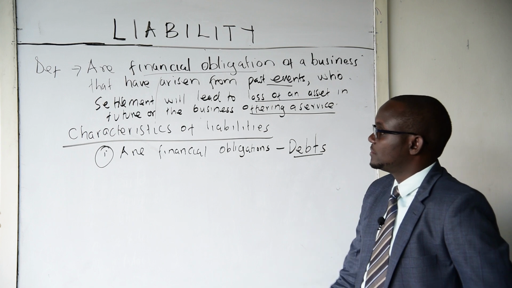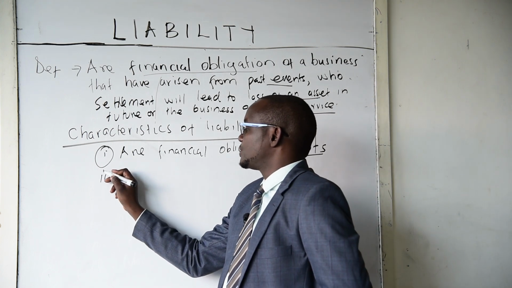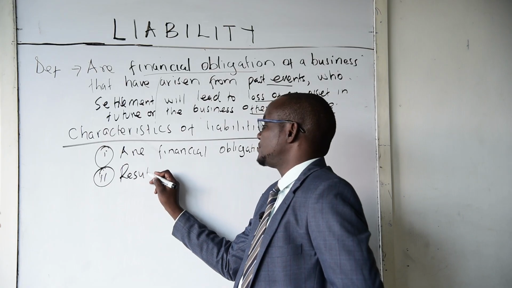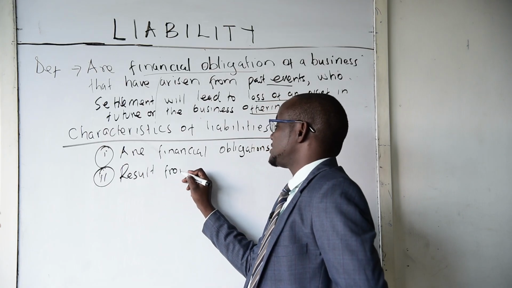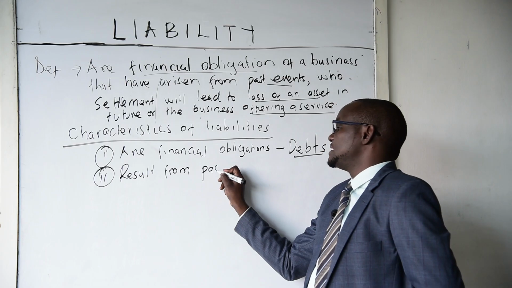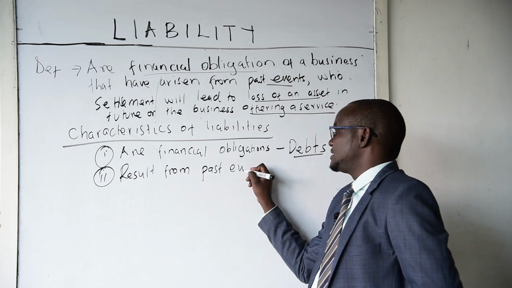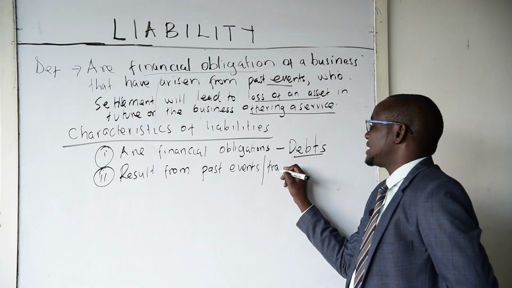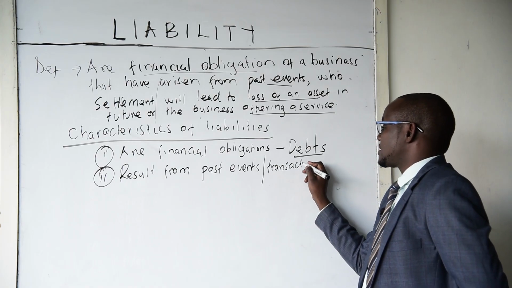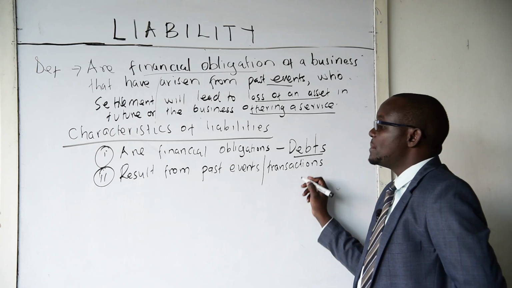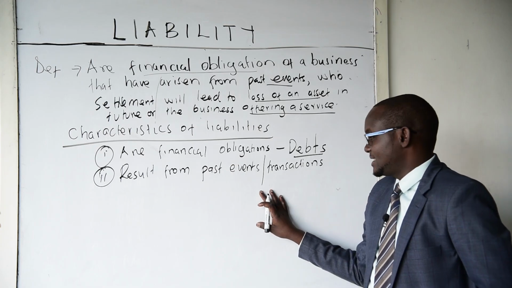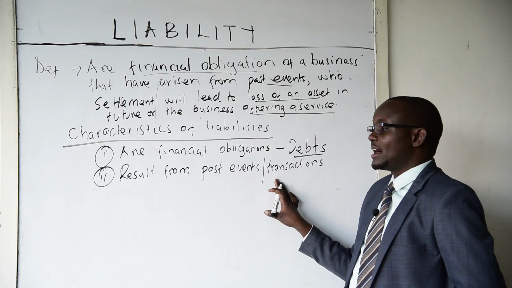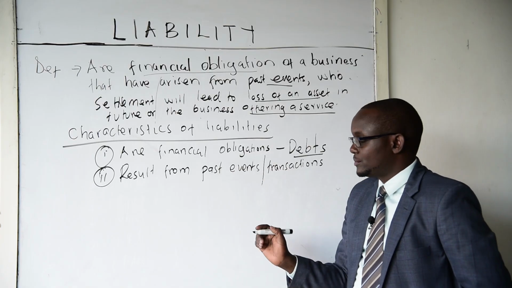Number two, liabilities result from past events, and we can also say they result from past transactions. That is, liabilities do not occur naturally. Something must have happened in the past for you to have a liability that you need to settle.